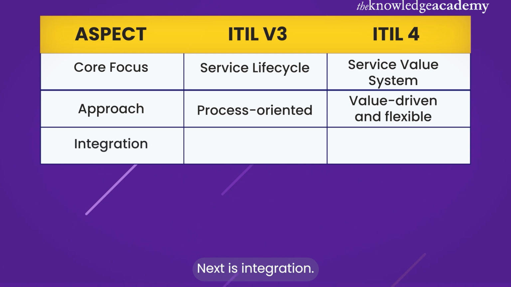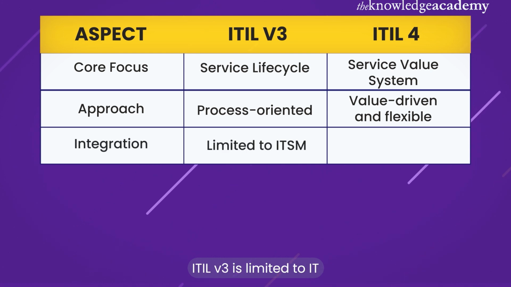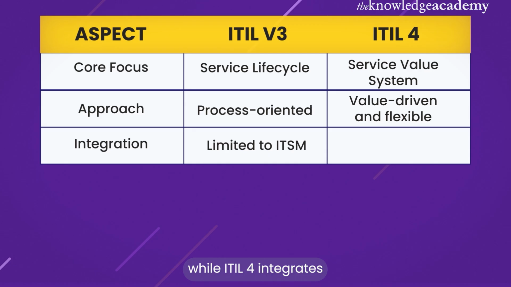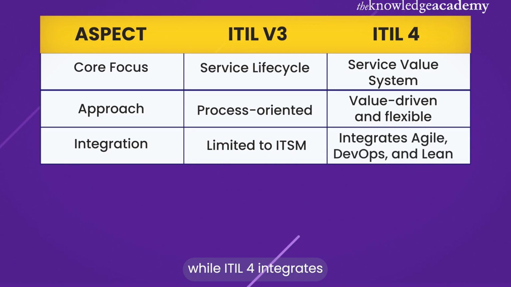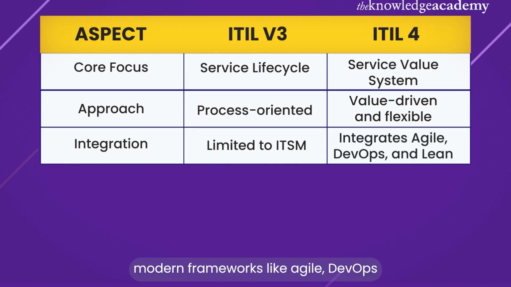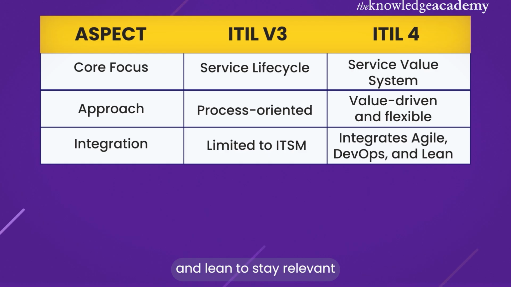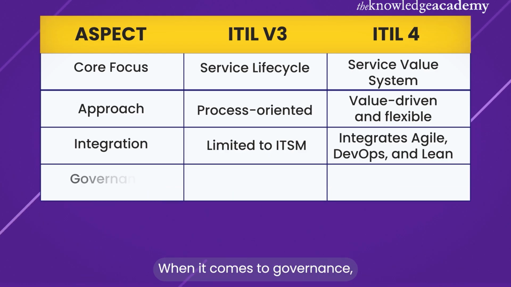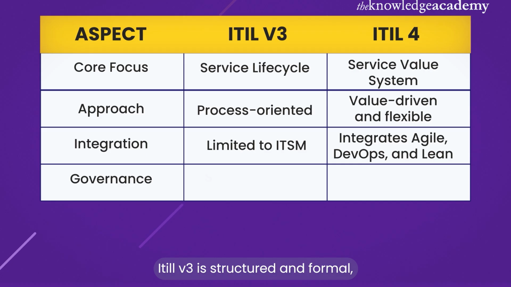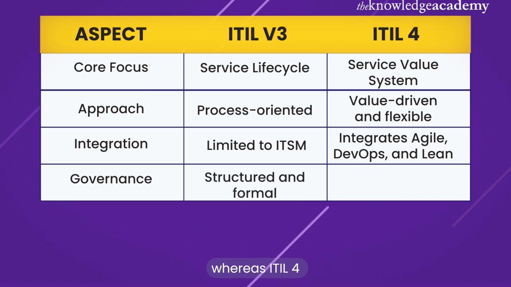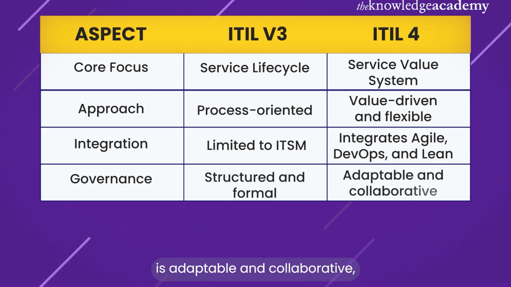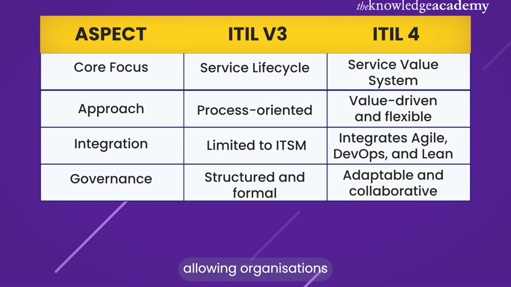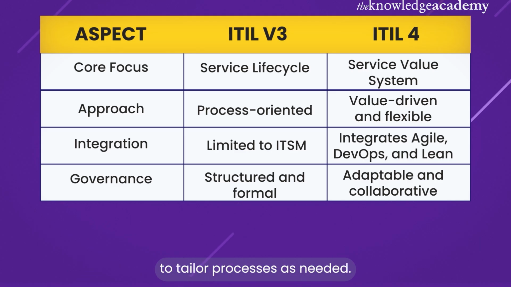Next is integration. ITIL v3 is limited to IT service management, while ITIL 4 integrates modern frameworks like Agile, DevOps, and Lean to stay relevant in today's environment. When it comes to governance, ITIL v3 is structured and formal, whereas ITIL 4 is adaptable and collaborative, allowing organizations to tailor processes as needed.